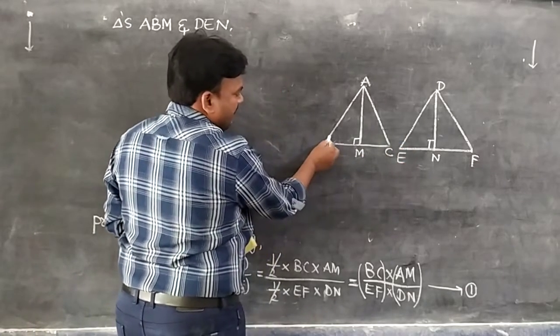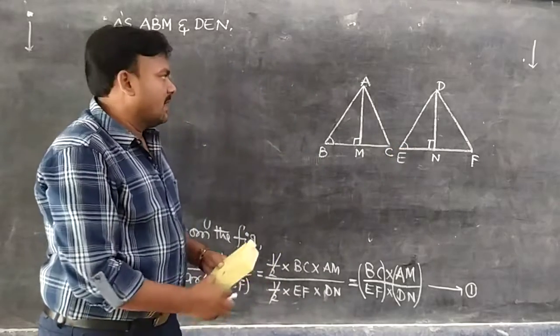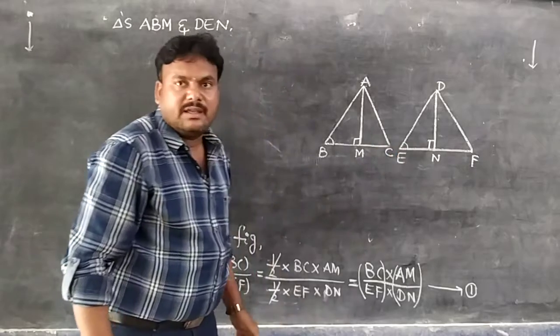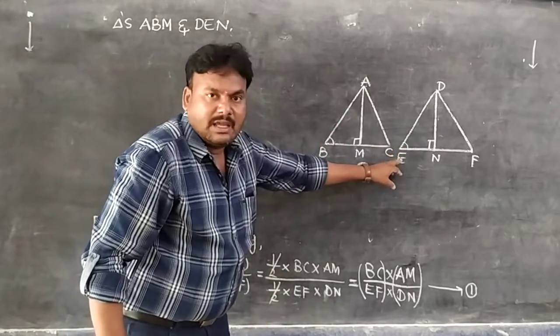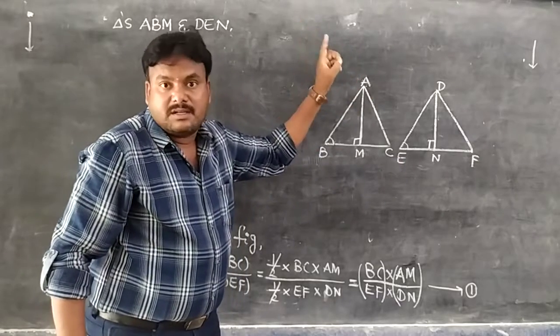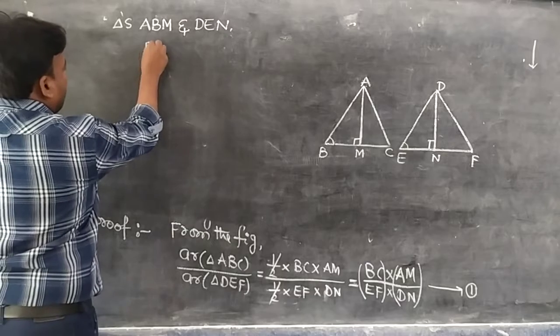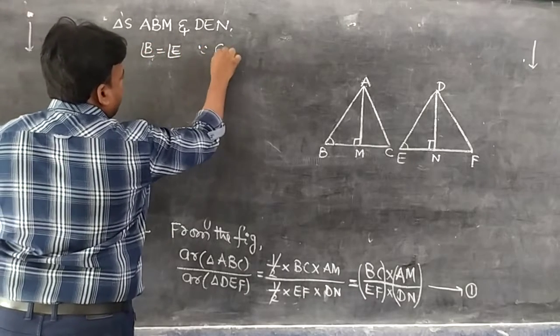That means angle B equals angle E. Yes: angle A equals angle D, angle B equals angle E, angle C equals angle F. So I take this part only, angle B equals angle E, because it is given.